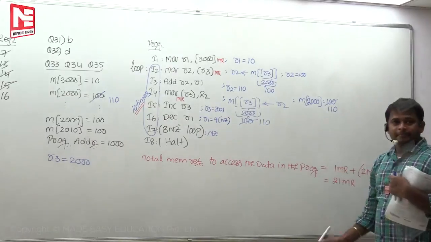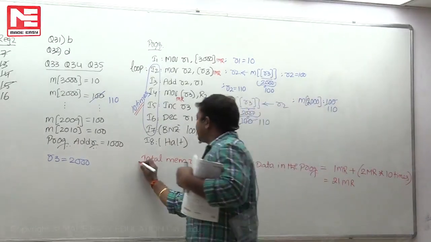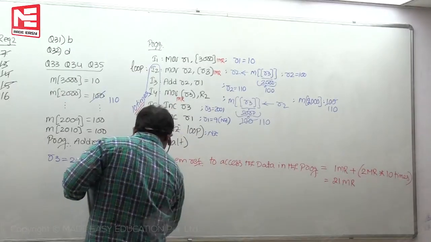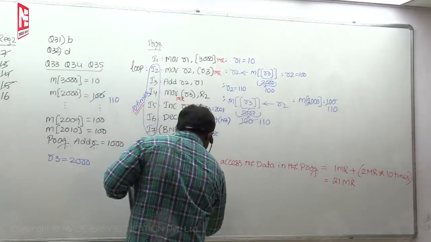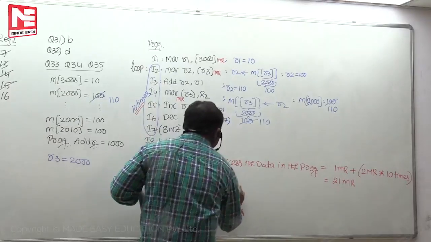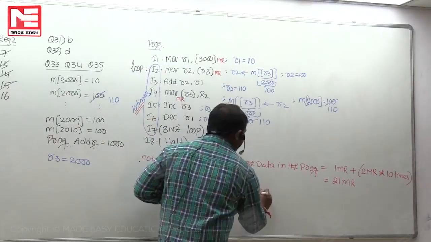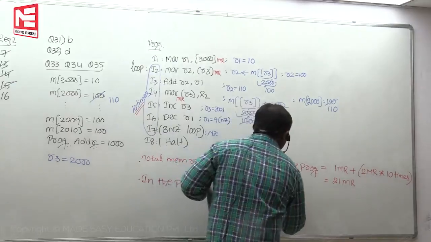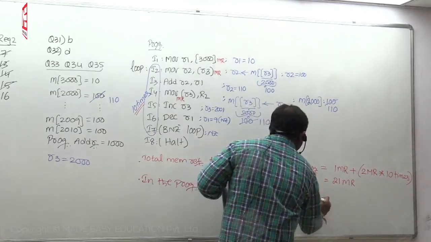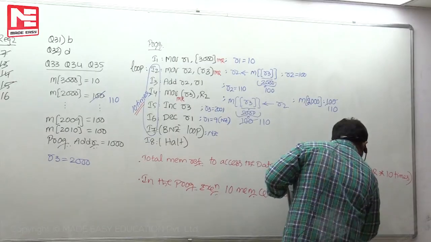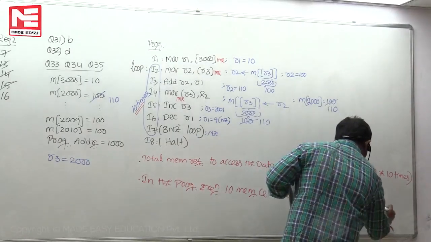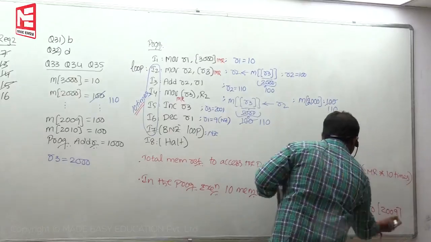Is it clear now? And next one, in the program execution, 10 memory cells are accessed. That is, the 2000 to 2009 cells of information are accessed.